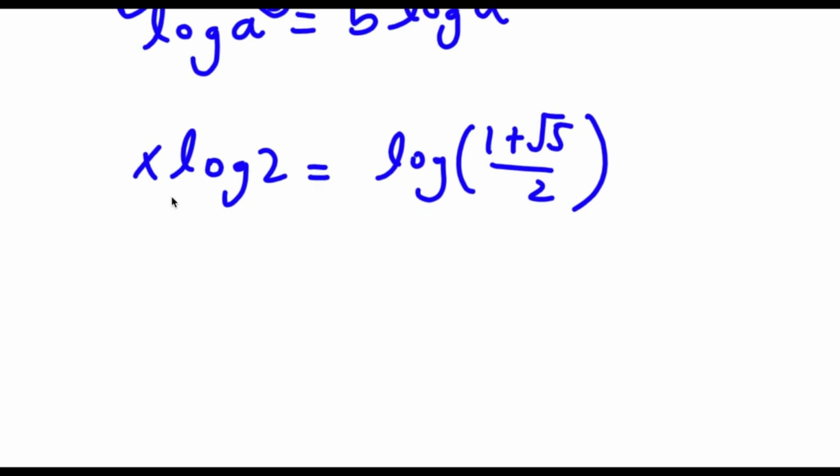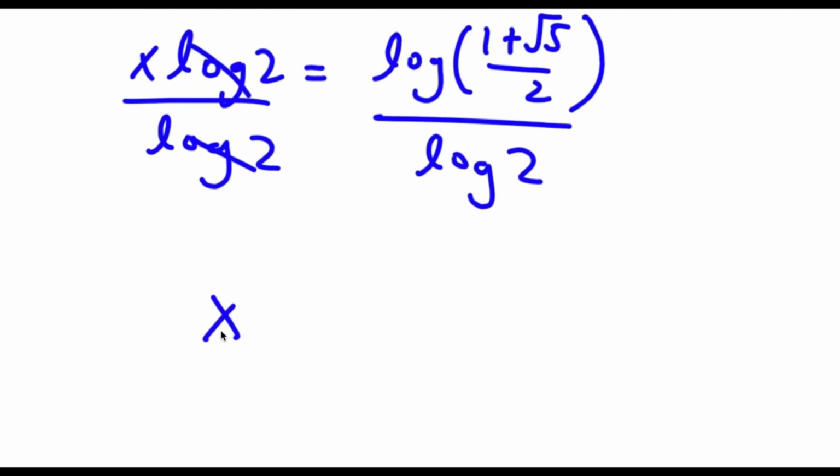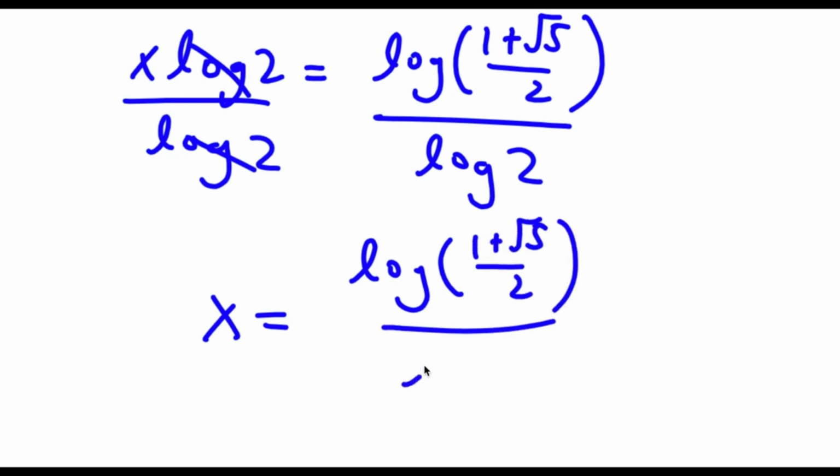Now, if I divide both sides by log 2, these two cancel out, and I'm left with x is equal to log 1 plus the square root of 5 over 2 over log 2.